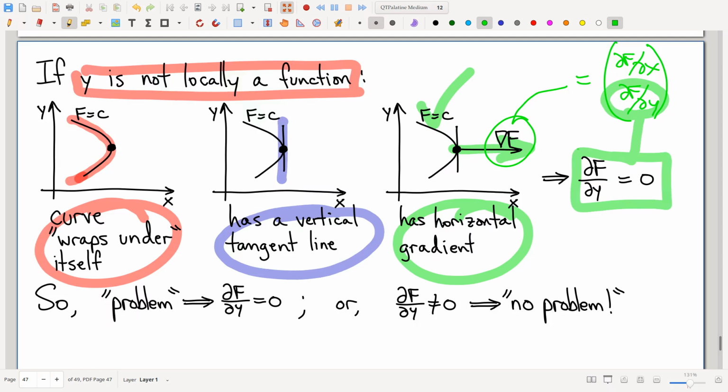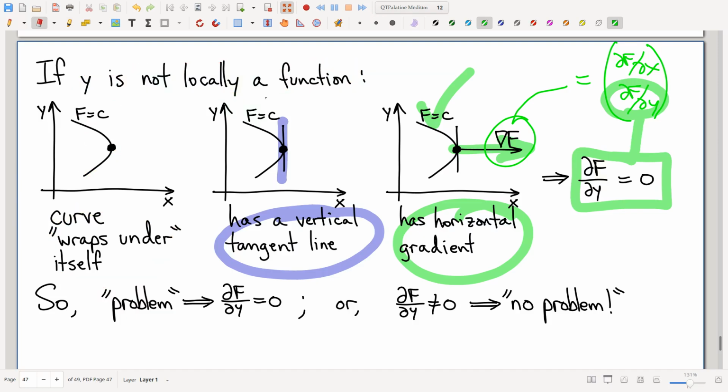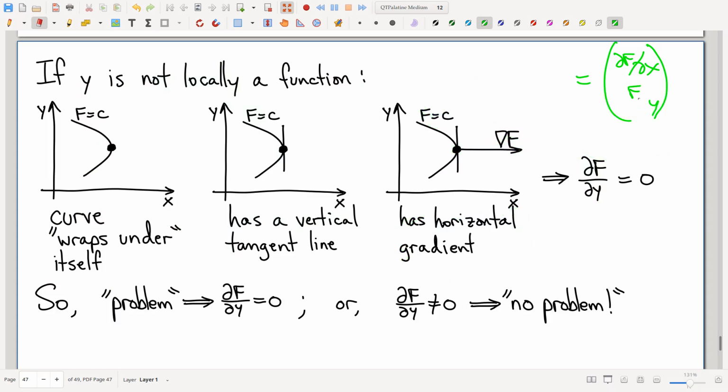Okay, so all together then, right? There's quite a connect the dots here. If we have a problem, then the y partial will be 0. So let me get rid of all of the mess here, and then we'll rewrite.